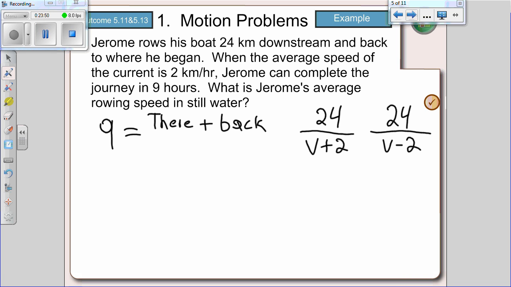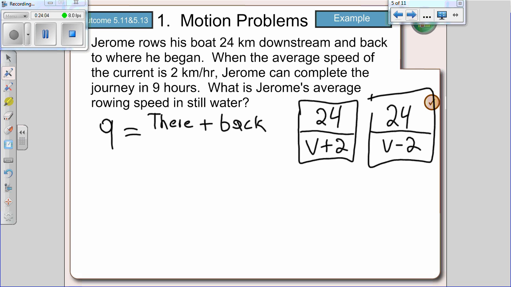We're just going to plug those in. That is the time it takes to get there. That is the time it takes to get back. So you're going to have 9 is equal to 24 divided by v plus 2, plus 24 divided by v minus 2.